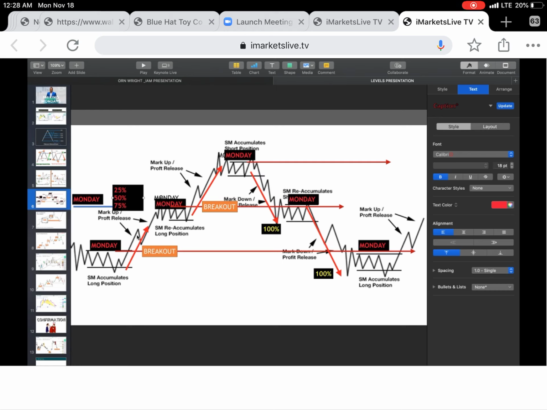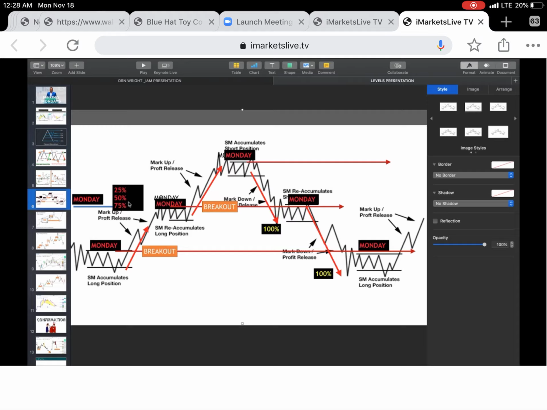If the market breaks out of this Monday here and goes to the high, I just want you to look over to the left and find the most recent Monday. And then you can identify where the market is going to stop. It's either going to come 25, 50, or 75% of the previous Monday zone.